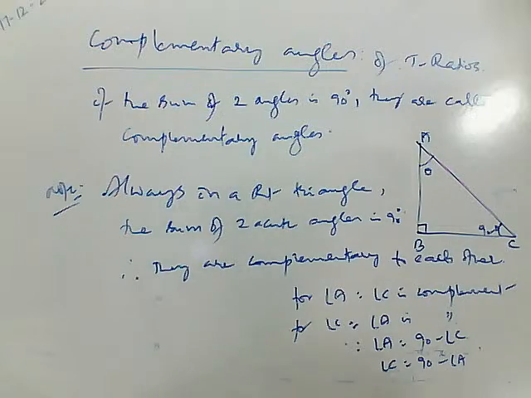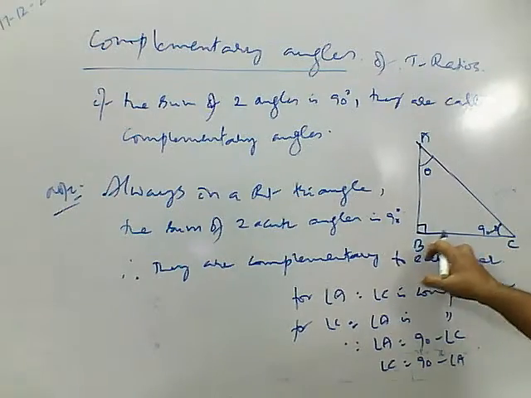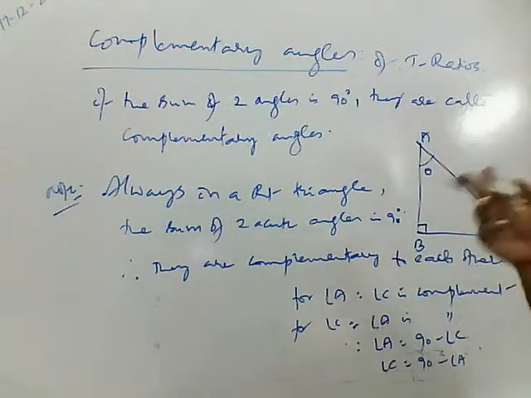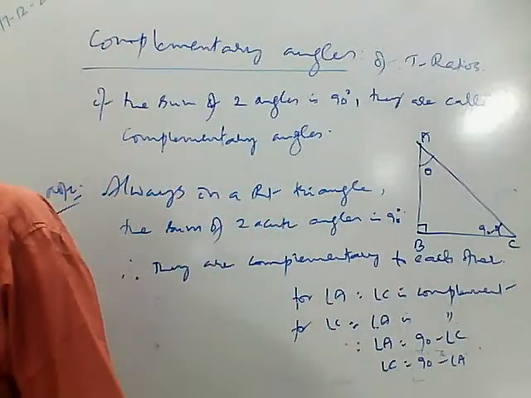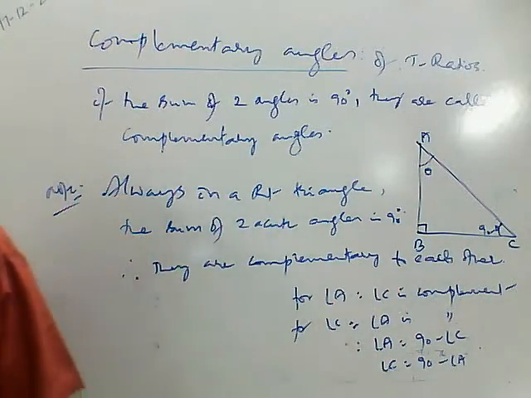This is what complementary means. Are you clear now? Suppose here A you take, here B you take, then B and C can be complementary. Acute angles are always complementary to each other. Are you clear now? Complementary angles, right? Note down.